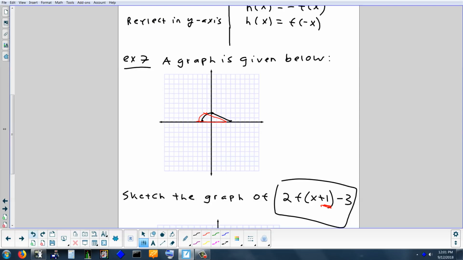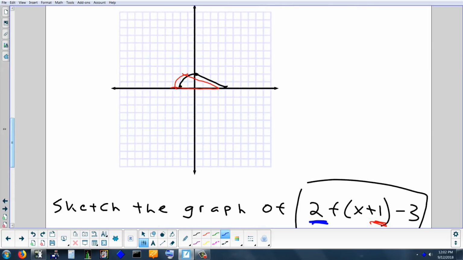Second thing is stretch what you just did by a factor of 2. Stretch which way? Vertically or horizontally? Rachel? Vertically. So I'll do this one in blue. Double all my y values.